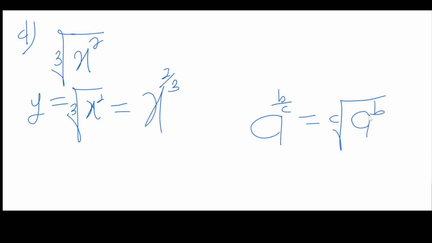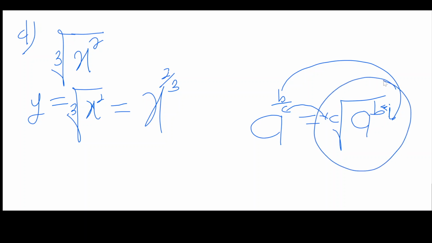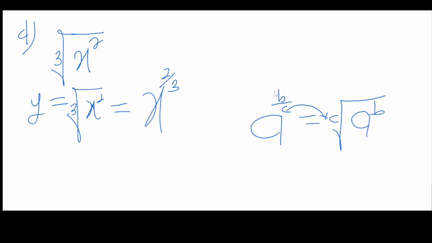What is really happening here? The denominator becomes the root, while the numerator becomes the power. So we can reverse the case, and that's how I'm able to get what I got.